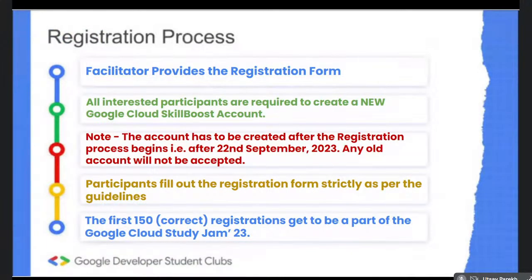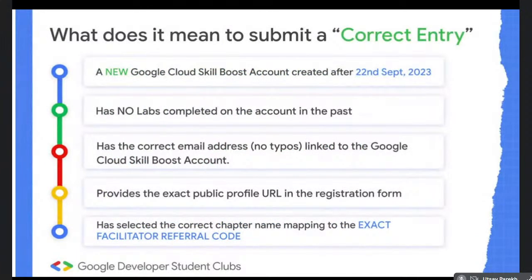So you create a Gmail account, you sign into Cloud Skill Boost and create a new profile. Then you make your profile public and copy the link as it is and enter it in the Google form. The top 150 correct entries will be eligible for the program. The program starts from 3rd of October till the 30th of October.